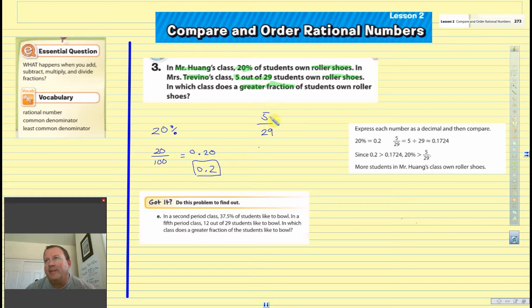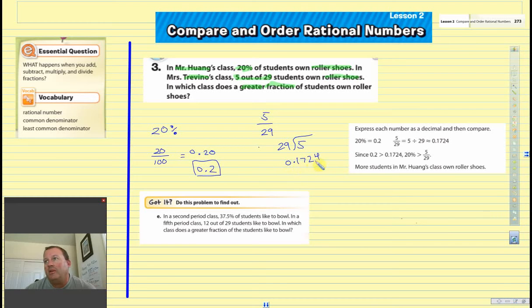We're not done yet. We need to change 5/29 into a decimal. So what are we going to do? Well, you can take your 5 and divide it by 29. Some of you are going to stick it into a calculator, and you're going to get a rough estimate of a non-terminating decimal, 0.1724, that just goes on.